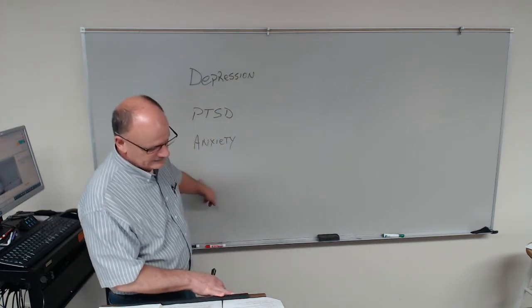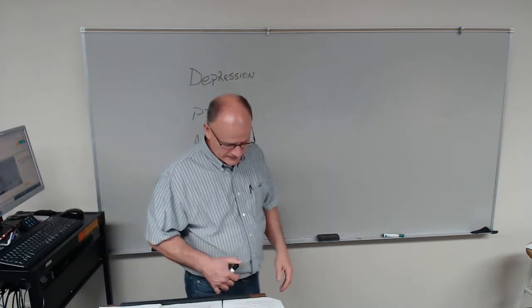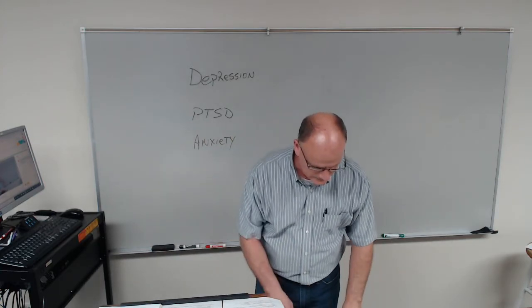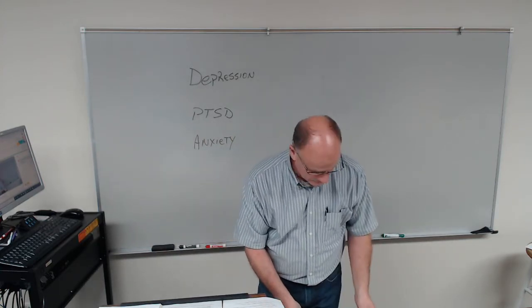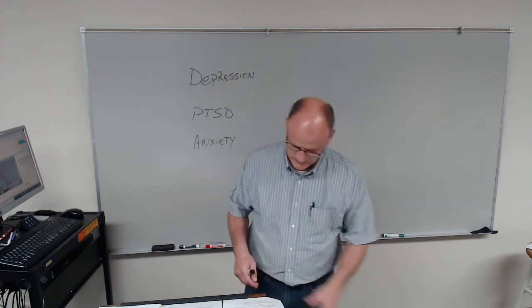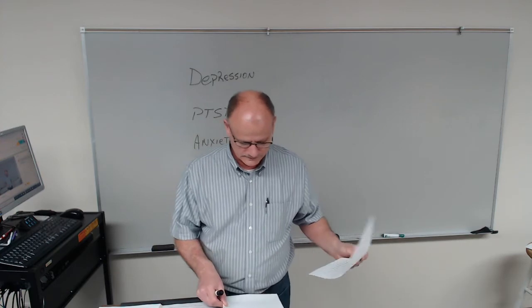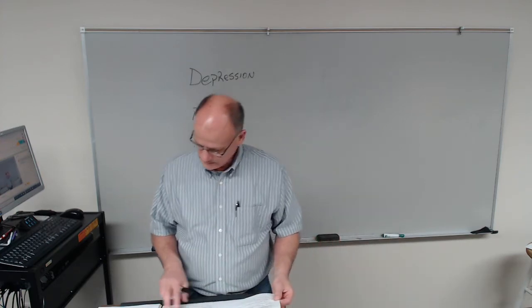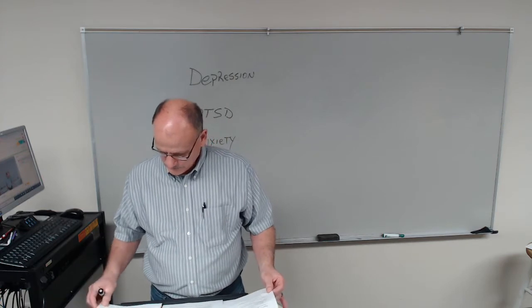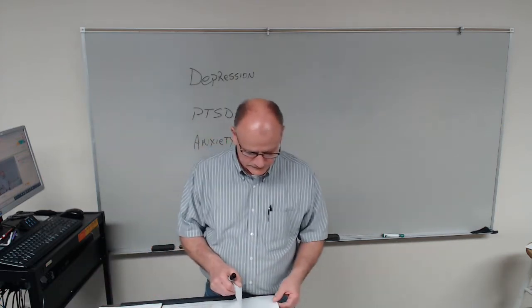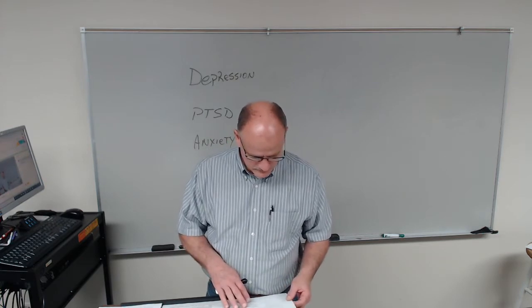For anxiety, it is improved coping with anxiety and anxious symptoms. All right, so we're going to improve coping with these. So those are three that can be long-term goals.